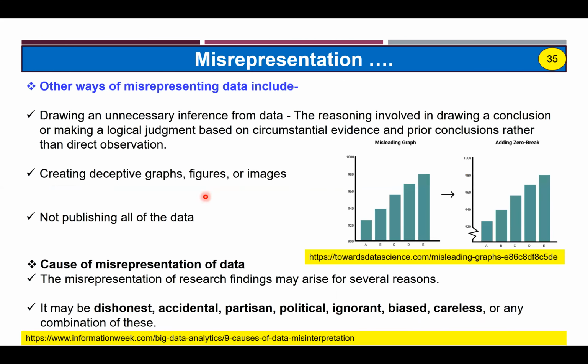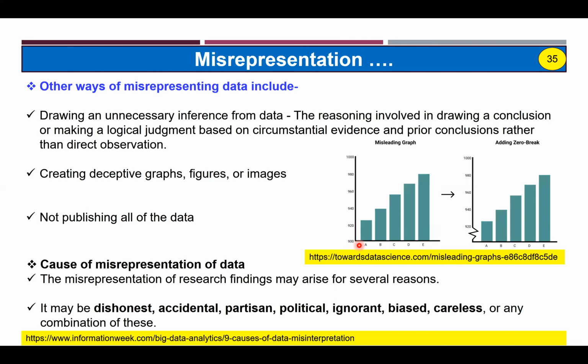Okay. Now the other way of misrepresentation, here also I gave a few examples. For example, here I took this from this source. If somebody puts up a graph like this, it is absolutely misleading because your scale started from 900. Now where is the 0? Is this 900 the minimum point?